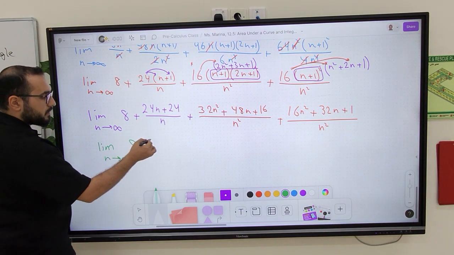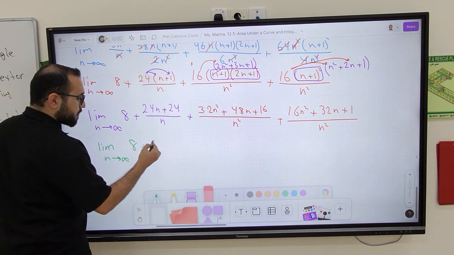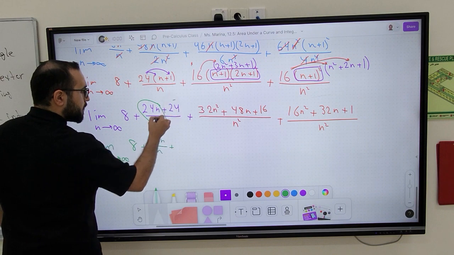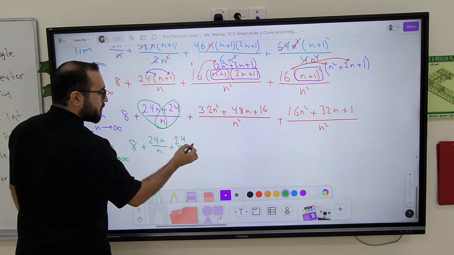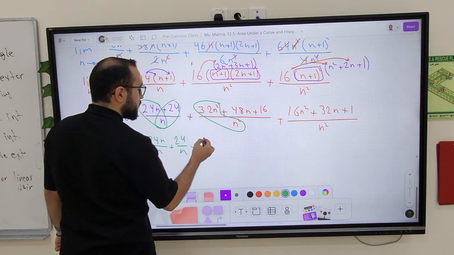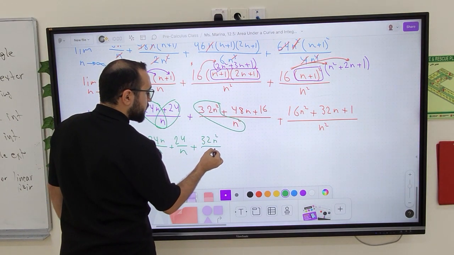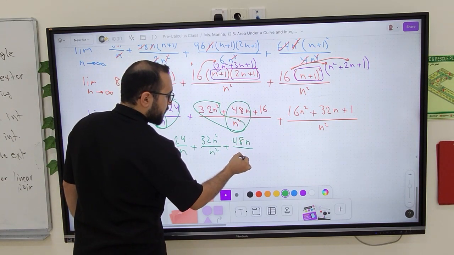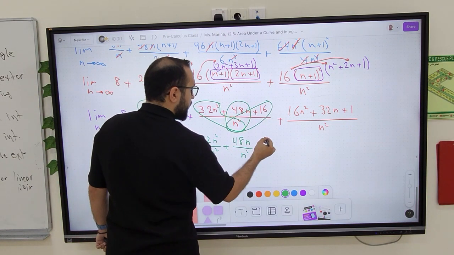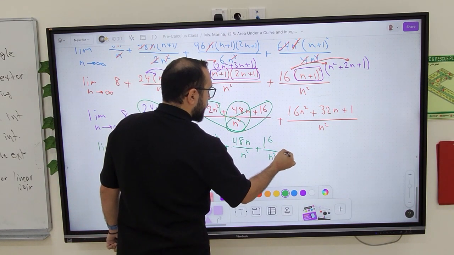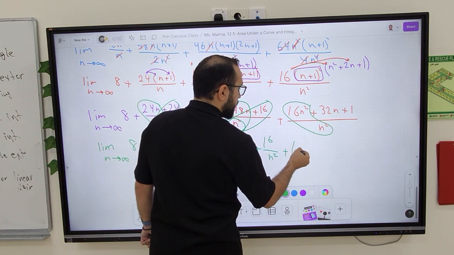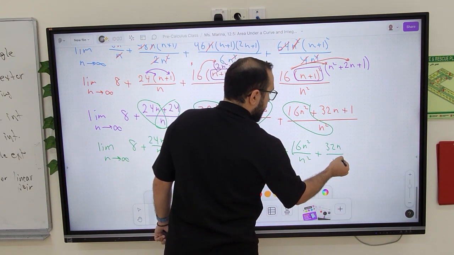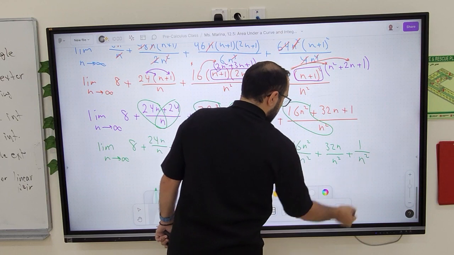So 8 plus 24n over n plus 24 over n, so we take these two together, plus 32n squared over n squared plus 48n over n squared, plus 16 over n squared, plus 16n squared over n squared plus 32n over n squared plus 16 over n squared.